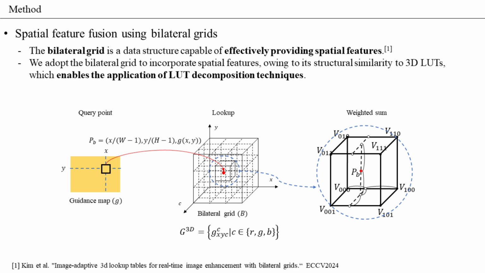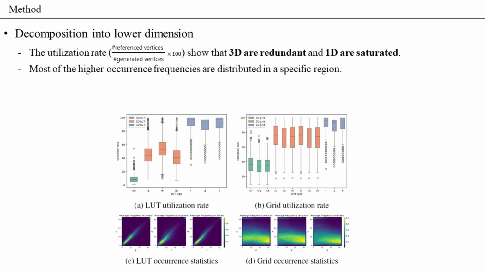We choose a bilateral grid for spatial fusion because a bilateral grid has a similar structure to a 3D LUT, and it can be used to generate spatial features by slicing, which is a similar operation to the LUT transform. It is possible to apply the same decomposition techniques as with the LUT. From this page, I will introduce details of the two decomposition techniques and cache-efficient spatial fusion.